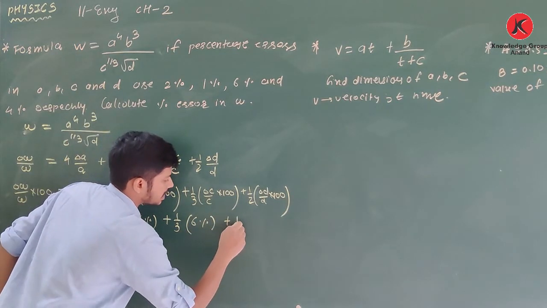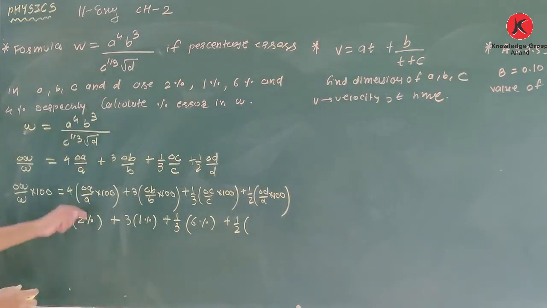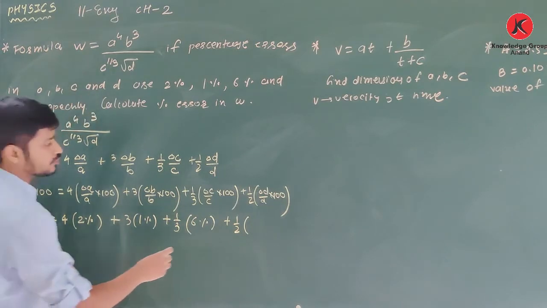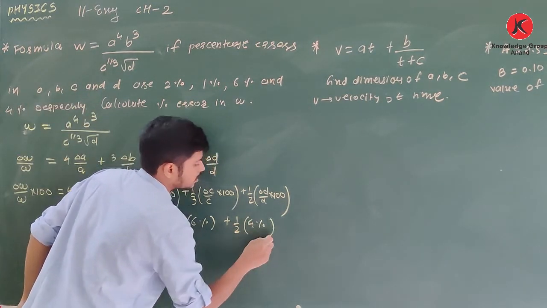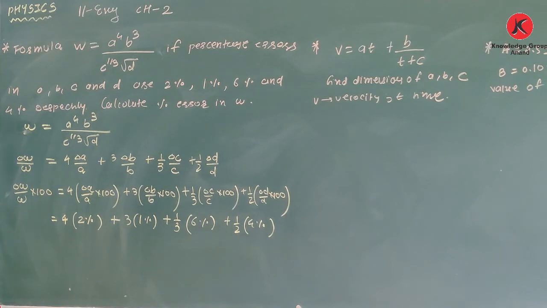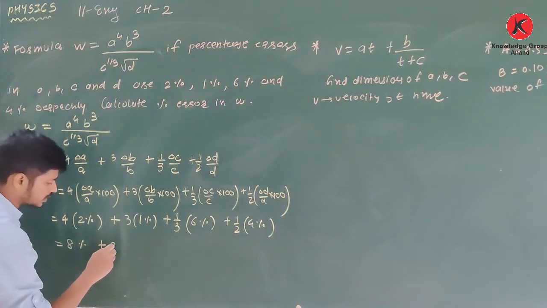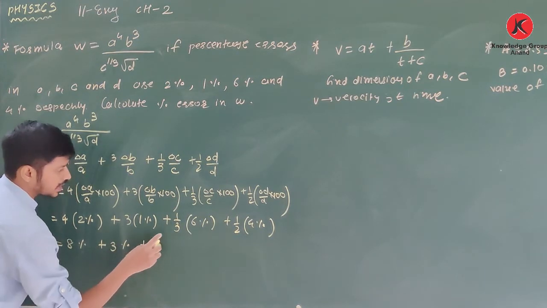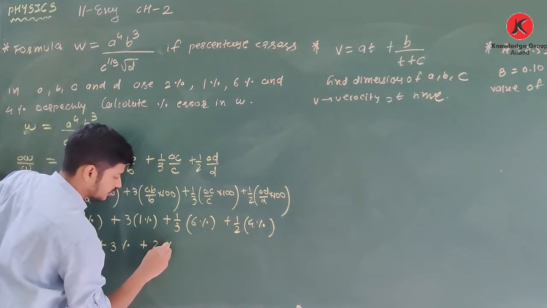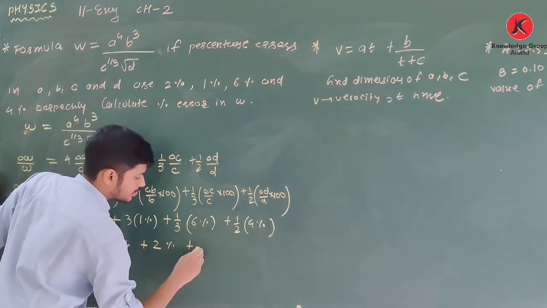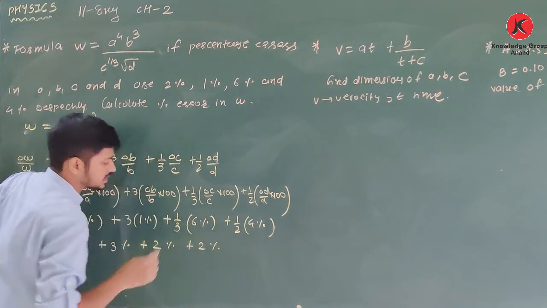And delta d upon d into 100 means percentage error in d, and it is 4%. Now you have to simplify this: 4 into 2, 8%, plus 3 into 1, 3%, plus 6 divided by 3, it is 2%, and plus 4 divided by 2, it is 2%.